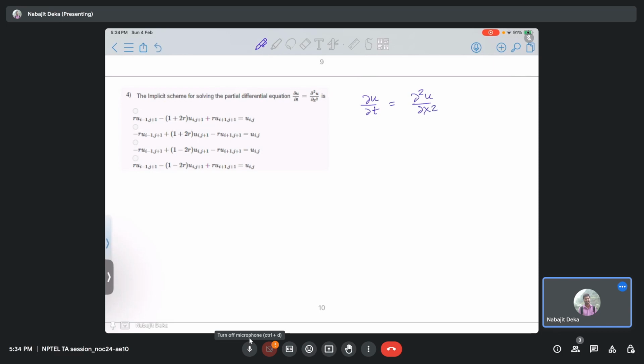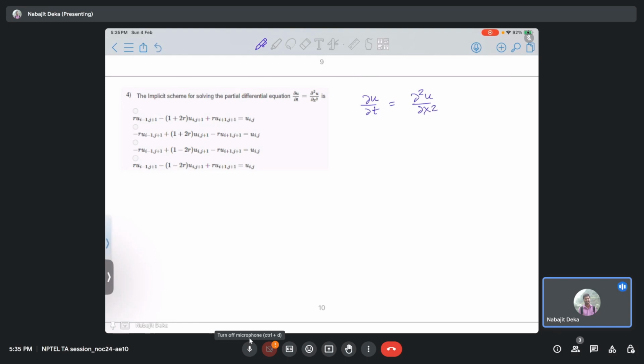We have used the Crank-Nicolson method for solving this, which is one of the implicit schemes.